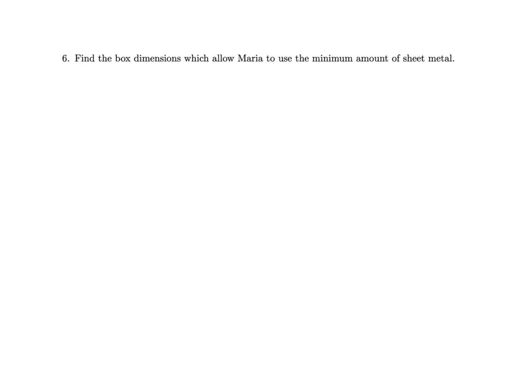Find the box dimensions which allow Maria to use the minimum amount of sheet material. All right, so I need to find a critical points. I'm going to take A prime, which would be 36 minus 144 H to the negative 2. Set that equal to 0.